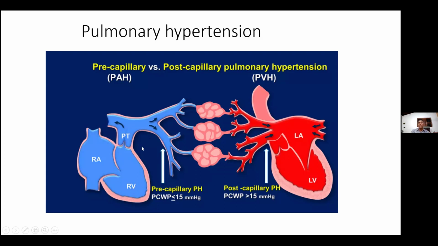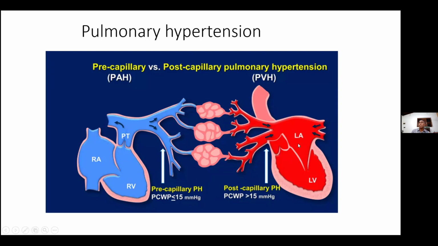So for pulmonary hypertension, there are basically three types, but the main important ones are two types. Whether the pulmonary hypertension is pre-capillary or post-capillary. Post-capillary means pulmonary hypertension is caused because of problems in the left side.